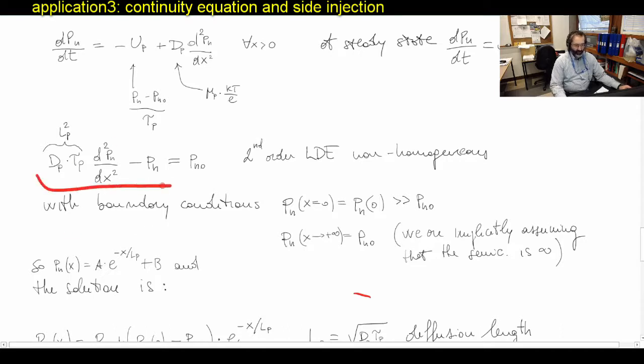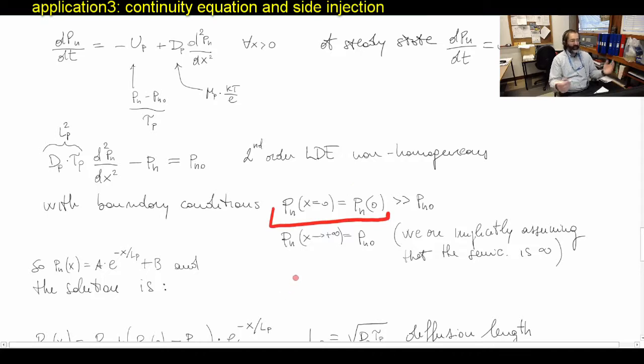The boundary conditions for this equation are that at x equals 0, at the surface where all the photons are absorbed, the density of holes will be very large, because there is a huge amount of generation taking place. So this is one boundary condition: Pn at x equals 0 is Pn(0), whatever that is, something big anyway.